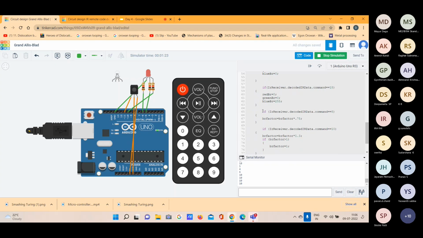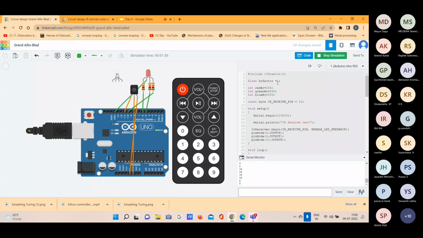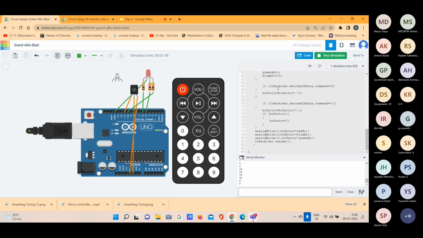After this, to control brightness, if I get the command for decreasing, I decrease the brightness factor. The brightness factor is the factor by which I will be reducing the brightness. So if I get this command, my brightness factor will be converted to 0.75, that is 75% of the initial brightness factor.